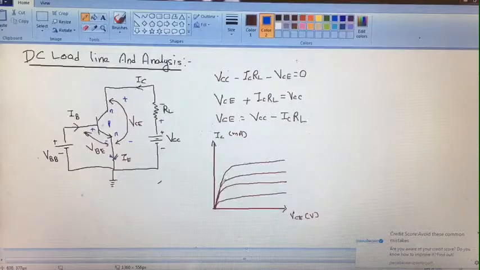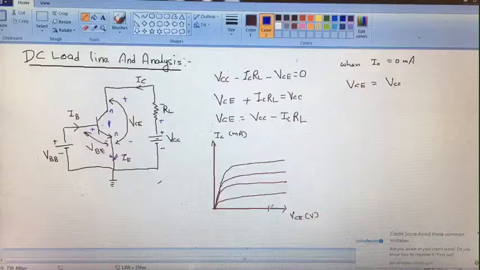Now we are going to compare our VCE according to this equation. When IC is equal to 0 milliampere, that means collector current is 0, in that case VCE is equal to VCC. I have marked that point.